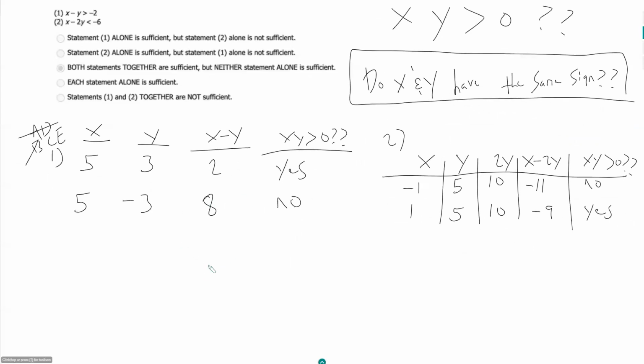So if I got x minus y is greater than negative 2, I can always add inequalities when their sign is facing in the same direction. So I'm just going to flip this guy around to be saying, and negative 6 is greater than x minus 2y.